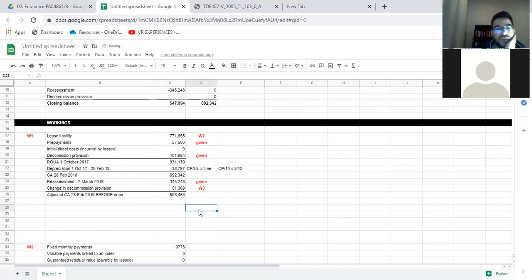So at 28 February 2019, the adjusted carrying amount of the asset is 598 before depreciation. Now we still need to do depreciation.